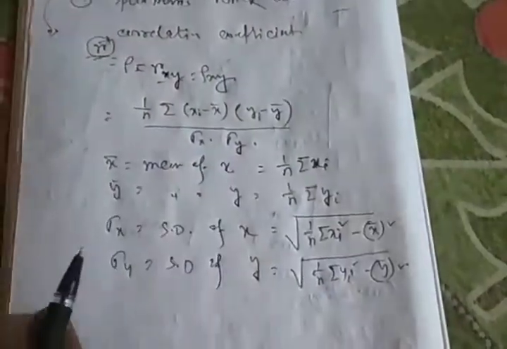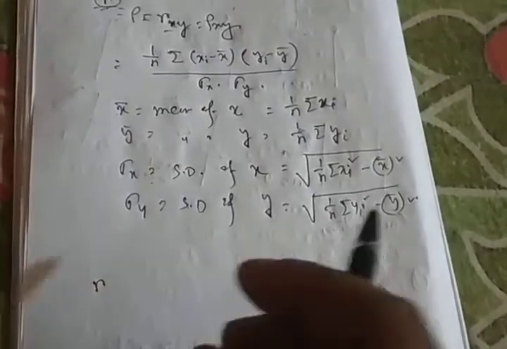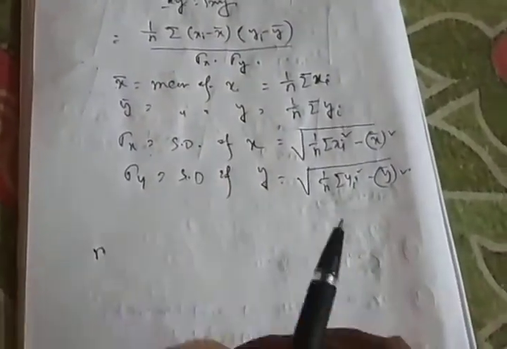After putting this in this part and multiplying and expanding it, we can find a simpler form for this formula. I don't want to show the deduction; this is a vast deduction.